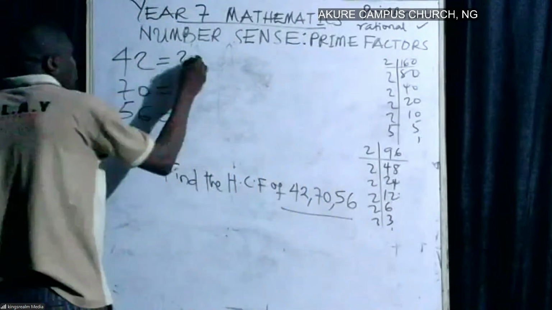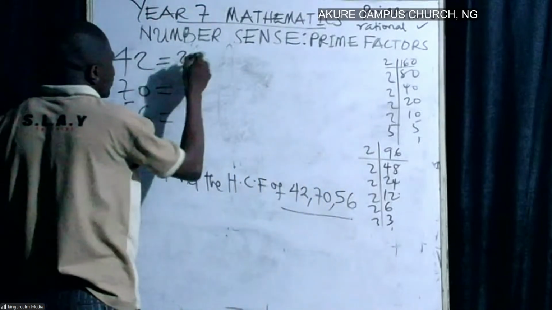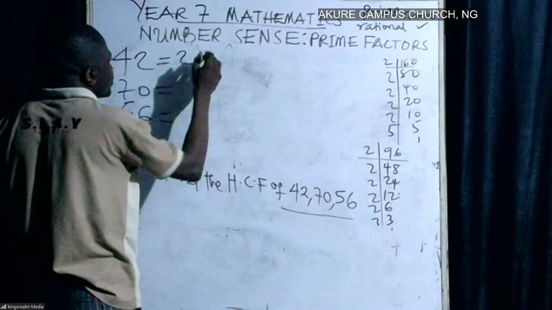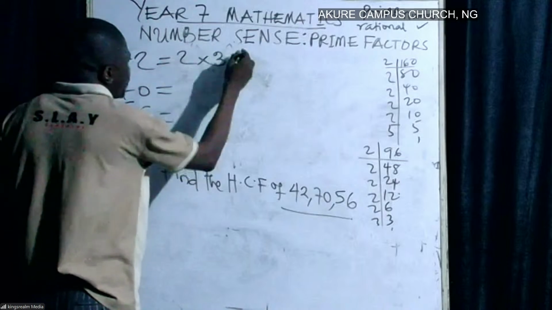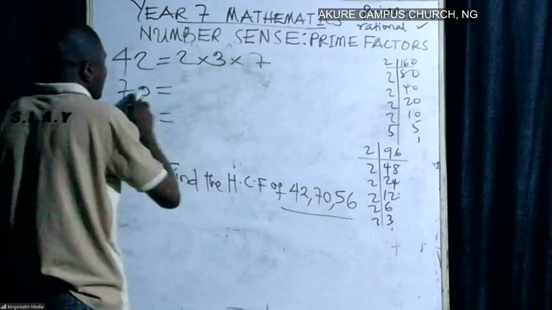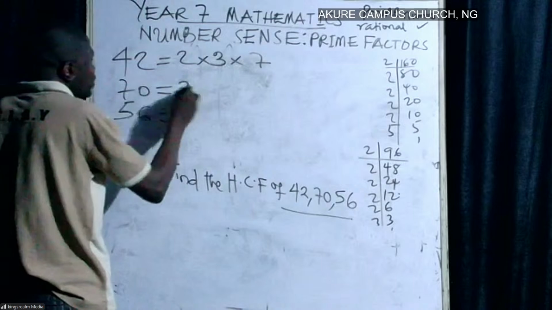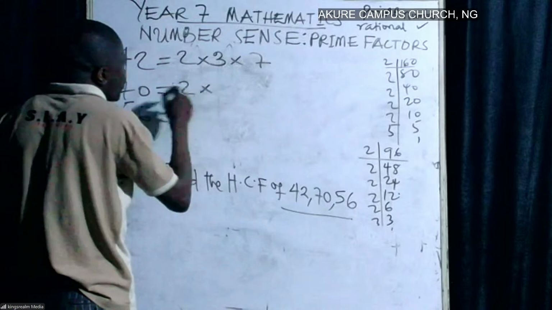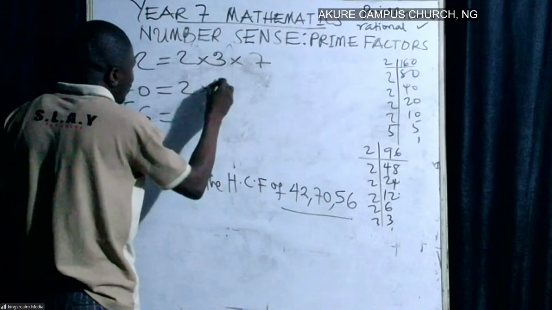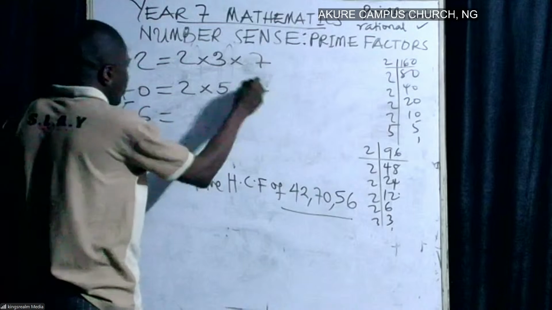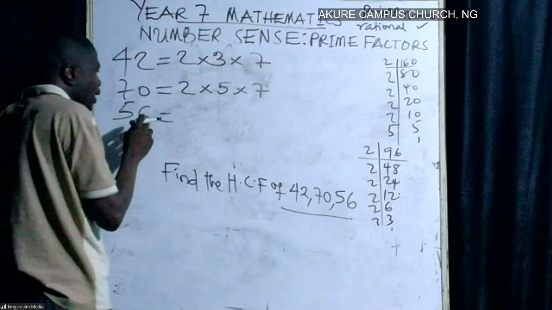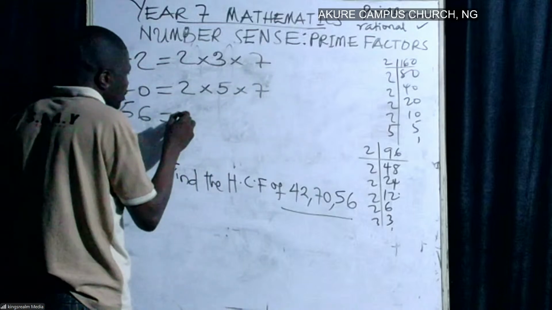So 2 in 42, that will give you 21. 3 can go in 21, that will give you 7. For 70, 2 in 70, that's 35. 5 can go in 35 and 7 can go in 35. Then 2 can go in 56.